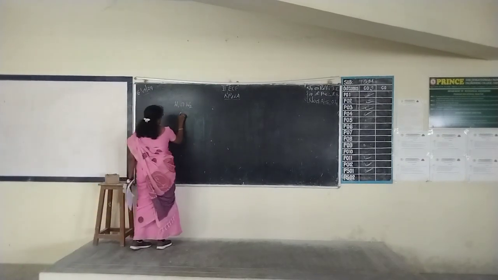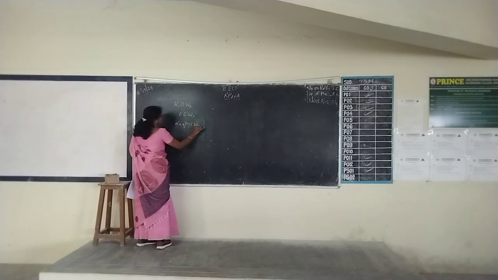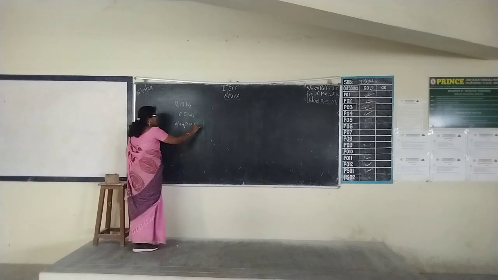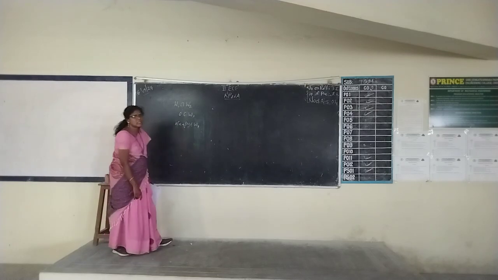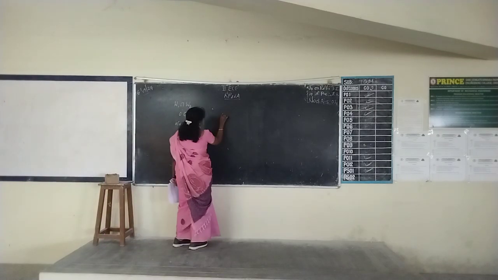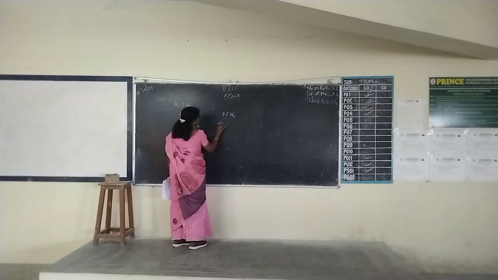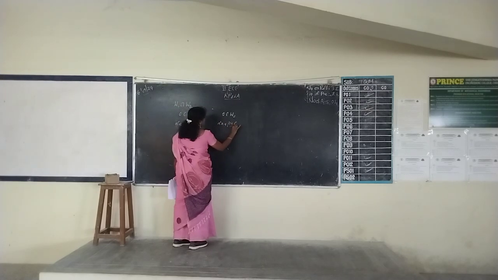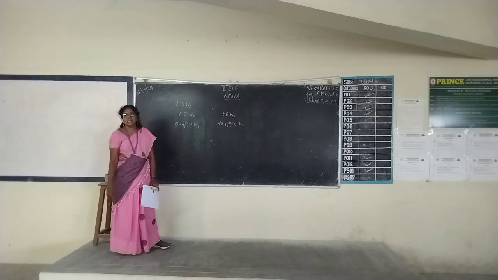Next, since W2 is a subspace, 0 belongs to W2 and alpha x plus beta y belongs to W2.